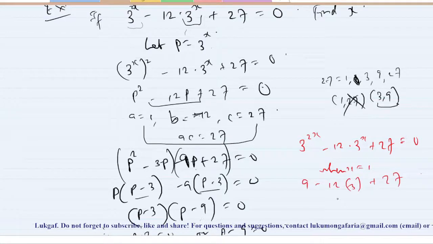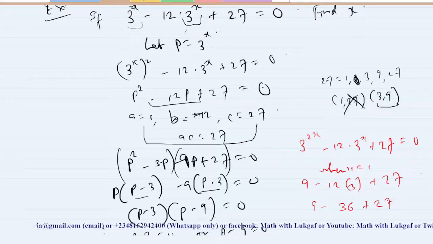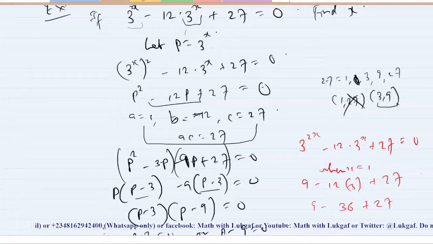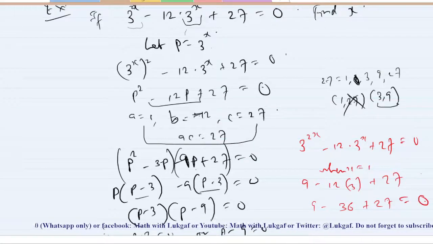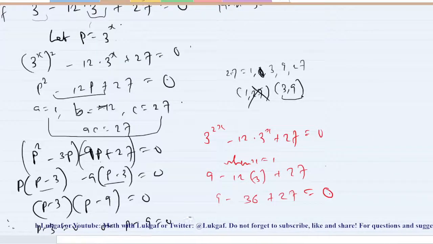Plus 27. So that's 9 minus 36 plus 27. You observe that 27 plus 9 is also 36. 36 minus 36 will give me what? So will give me 0. Likewise, you substitute the other value and you are going to have it like that too. You can see it is very simple.